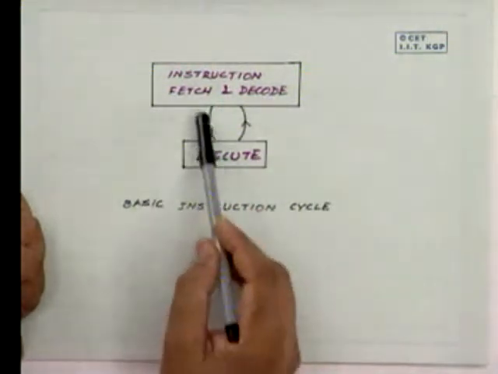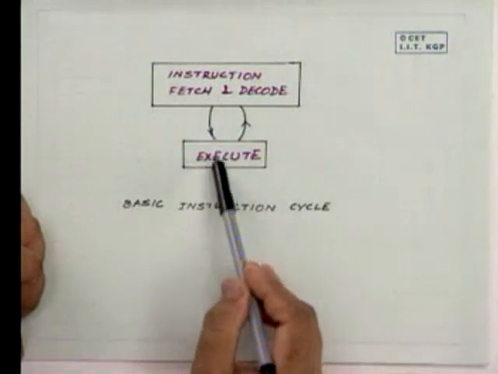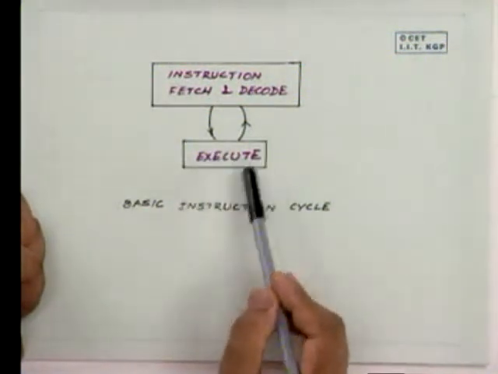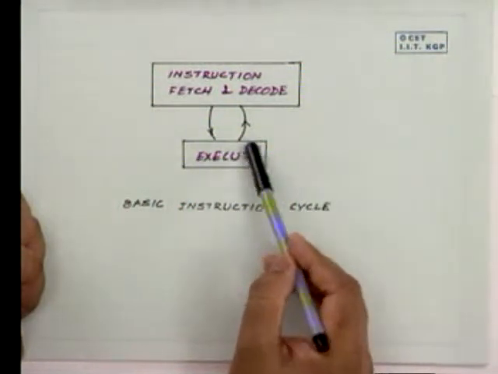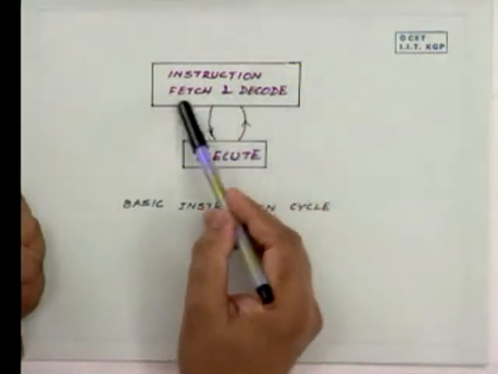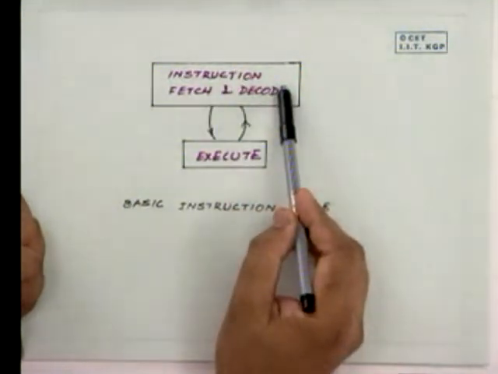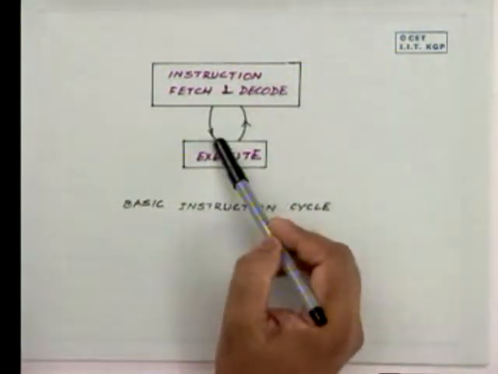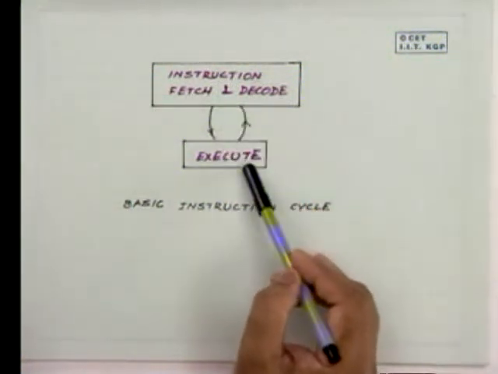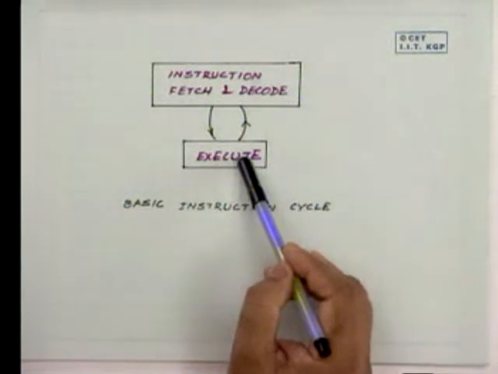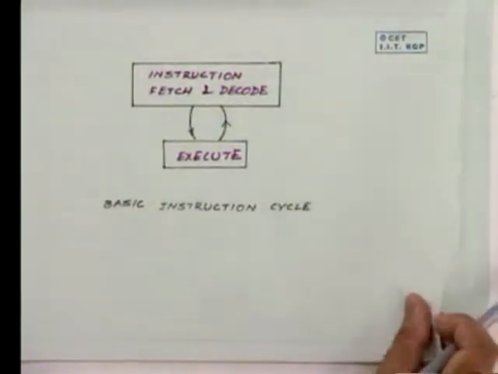After instruction fetch and decode is over, it next comes to the state where it has to execute the instruction, and once the instruction is executed, it goes back into the instruction fetch and decode state once more. This goes on cyclically till we tell the machine to stop. This is our basic instruction cycle.